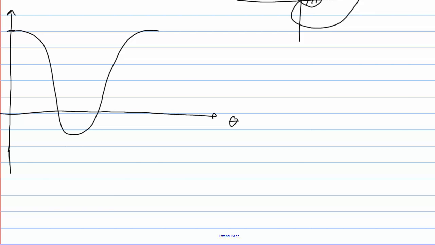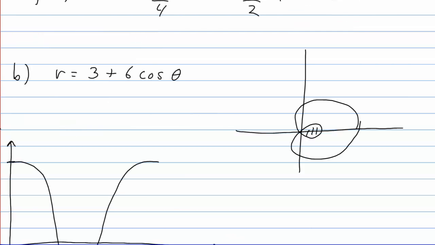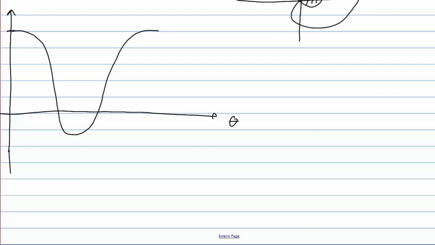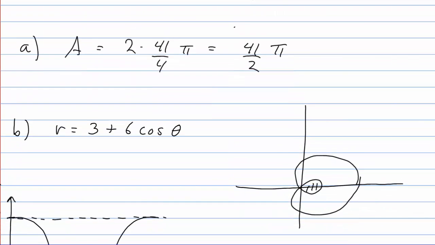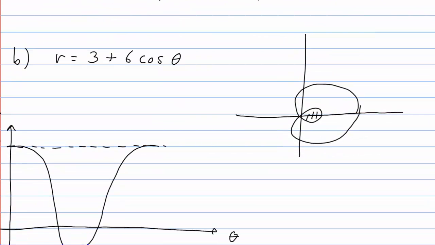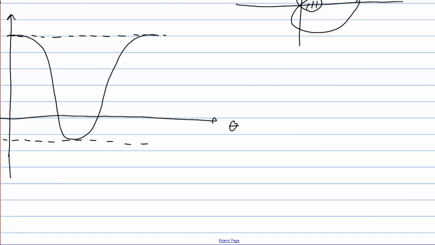Right, so at the very top it was 9, at the very bottom, we had -3.